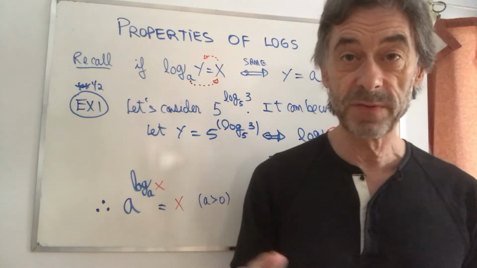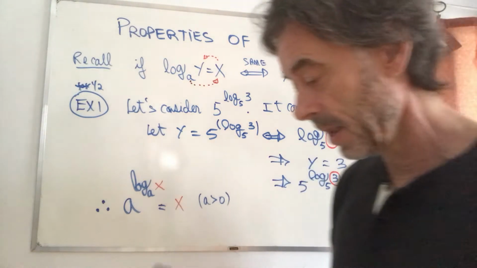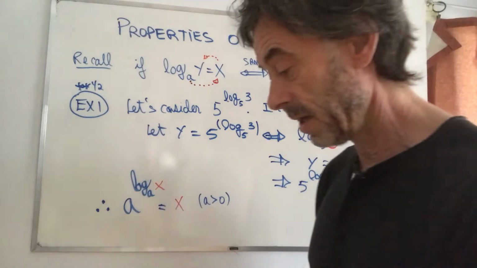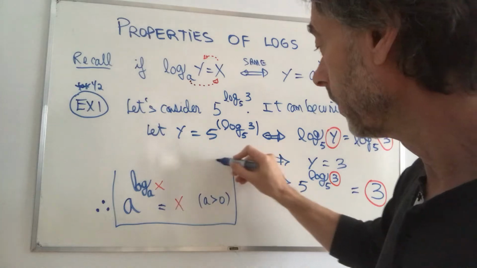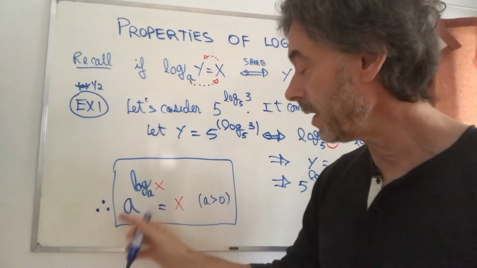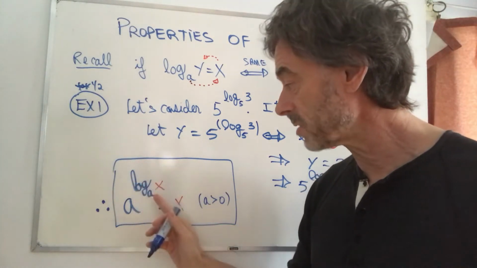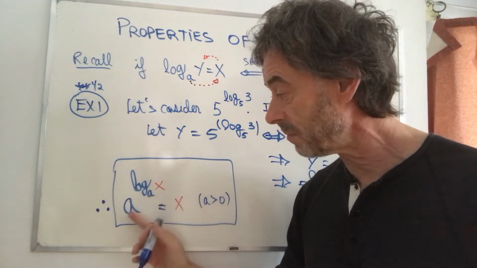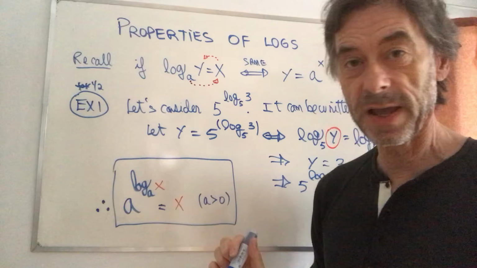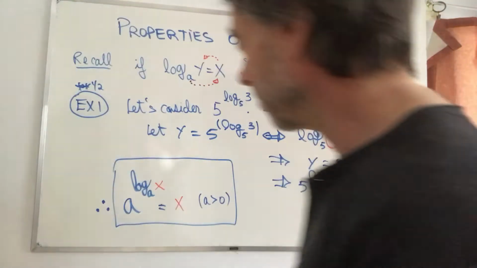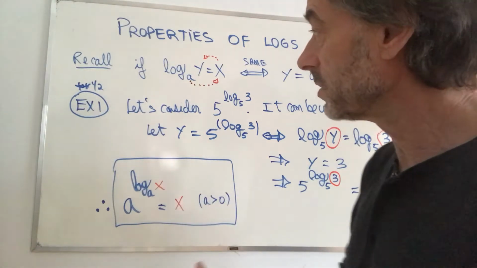We've seen this in the previous video because of the graph of ln, and this is my first property, if you want. So a to the power of log, as long as the base of this log is the same as the base of this exponential, then the inside of the log is the answer, always. Good. We might actually be called upon using this later on.